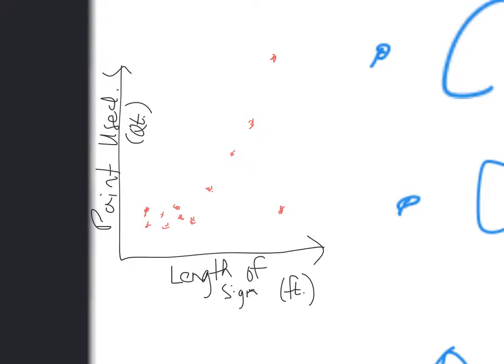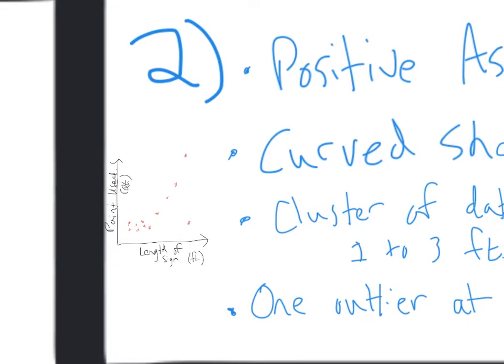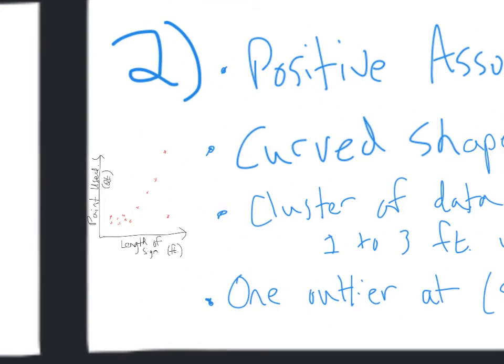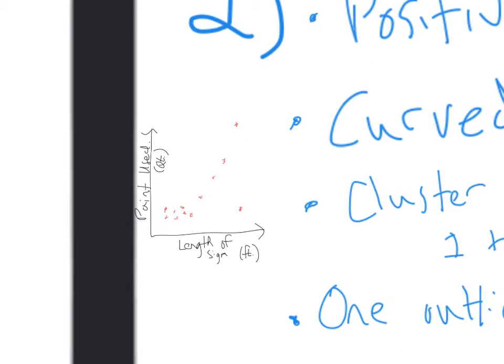All right, if we wanted to interpret this scatter plot, there are some quick things that I noticed. The first thing is that this is a positive association. It's a positive association because it starts out with our x's being very small, and as our x's increase, our y's increase as well. So it's definitely going in the positive direction.